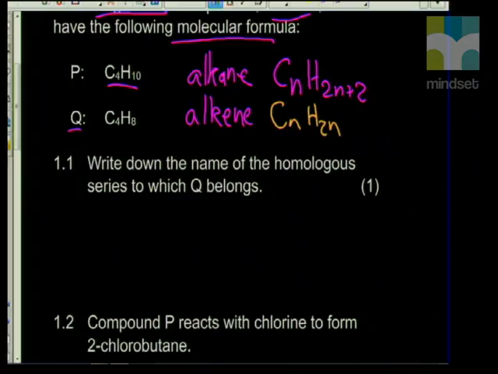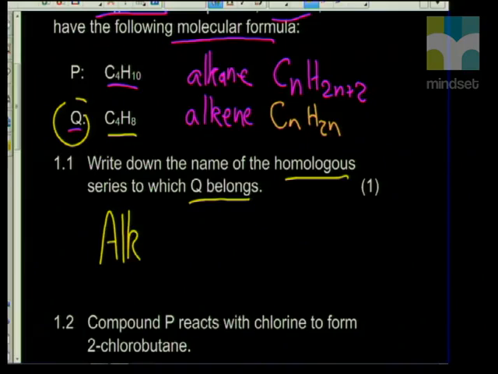Write down the name of the homologous series, and we've done it already, to which Q belongs. So Q, we've looked at the molecular formula, and we recognize this belongs to the series of alkenes. Just to remember, it belongs to the alkene family or the alkene homologous series.